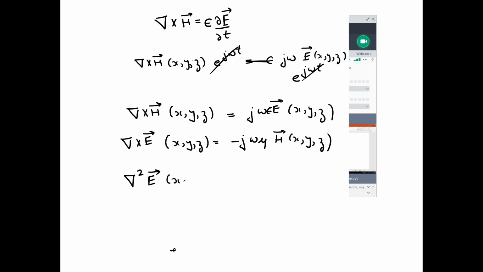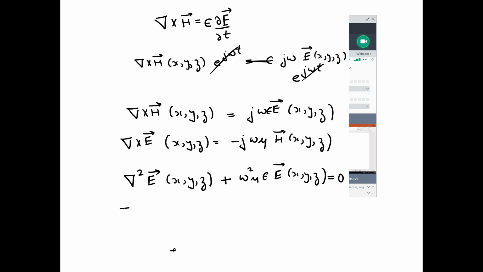We had ended up with an equation which was the Helmholtz wave equation, which was del square E(x,y,z) plus omega square mu epsilon E(x,y,z) is equal to 0.